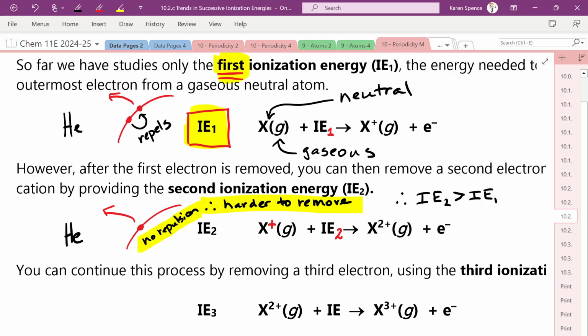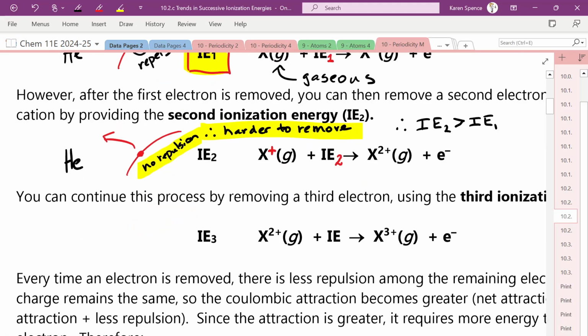So let's say we had lithium now. Okay, so if this was lithium, ionization energy 1, we would have lithium going to Li+, and then we would have Li+ going to Li2+.